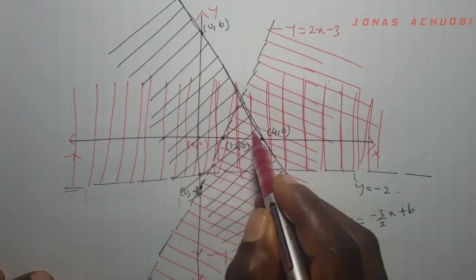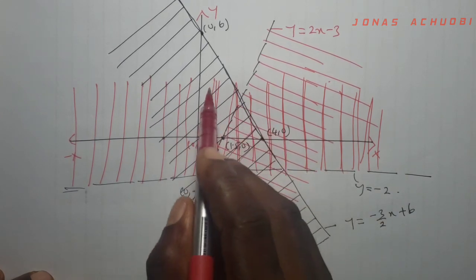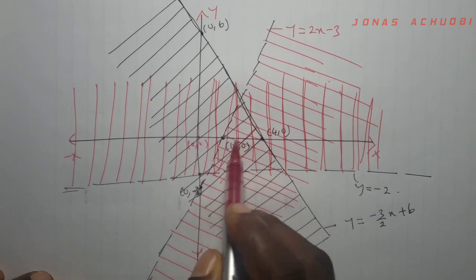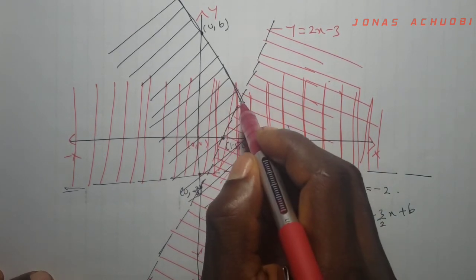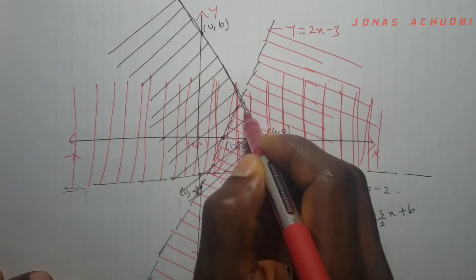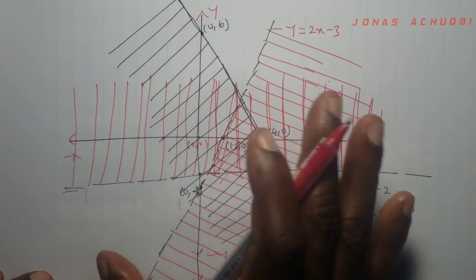Look at the black strokes here in this region, and look at the other stroke for this other region. Here all the strokes meet at this point. So this region where the 3 strokes meet becomes the solution region. When you plot this region by yourself, you see better what is happening.